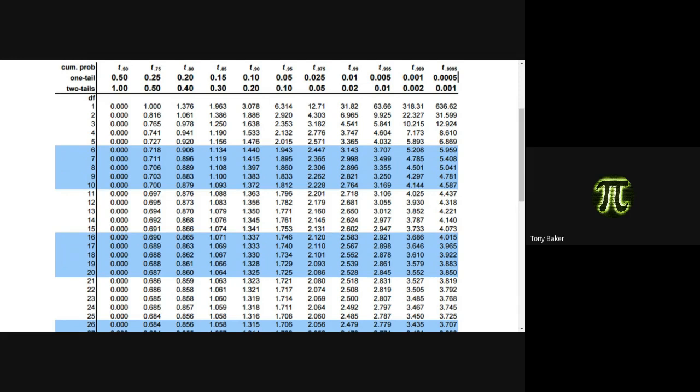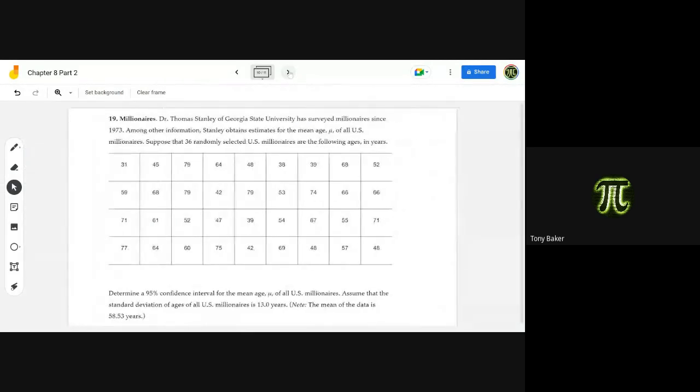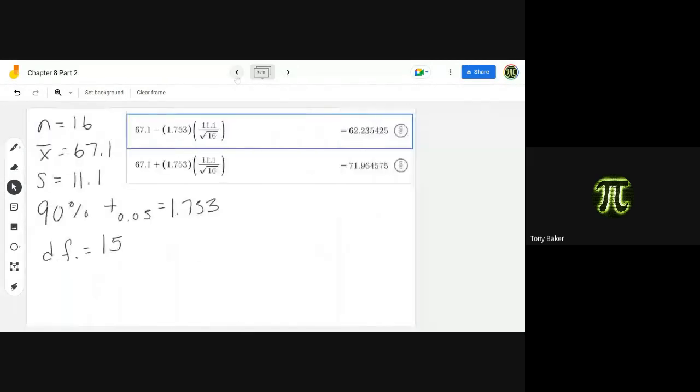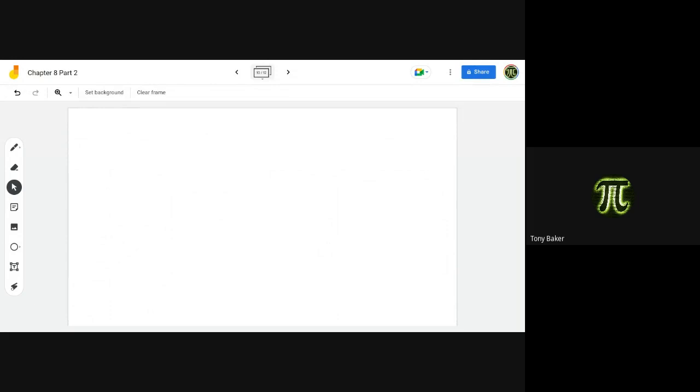All right. Before I go on to those, let's look at this data.